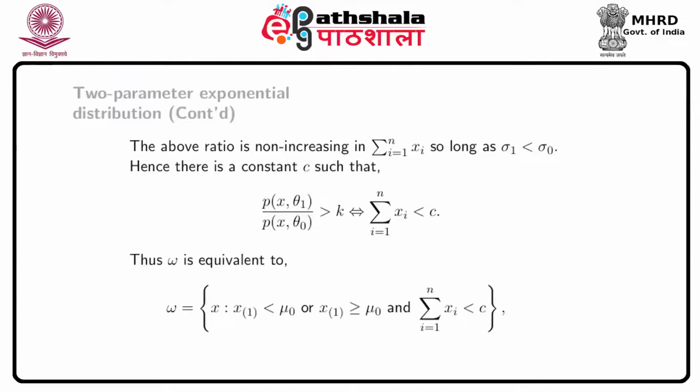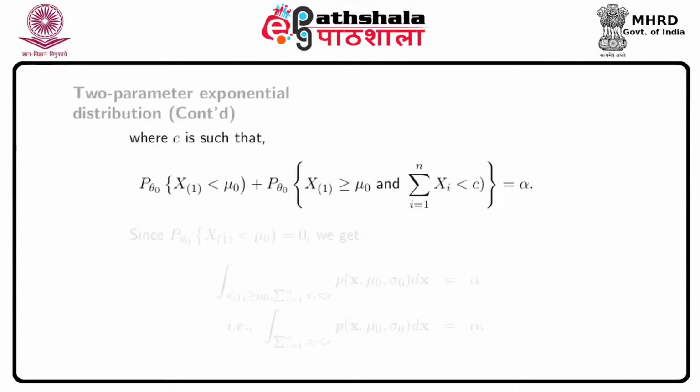Thus, omega is equivalent to the set of those x for which x order statistics 1 is less than mu naught or x order statistics 1 greater than or equal to mu naught and summation xi is less than c, where c is such that probability under theta naught of x1 less than mu naught plus probability under theta naught that x1 greater than or equal to mu naught and summation xi is less than c is equal to alpha.